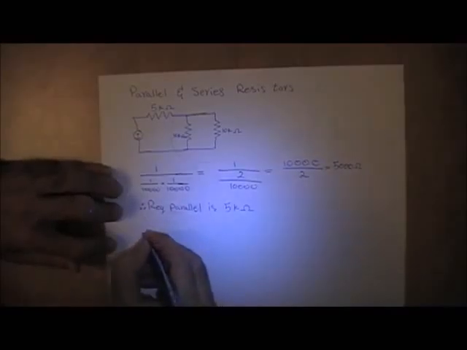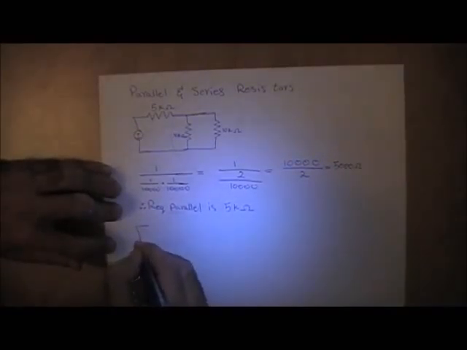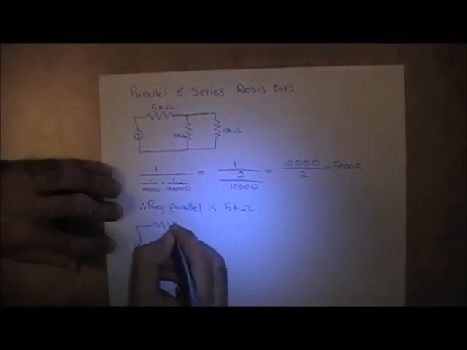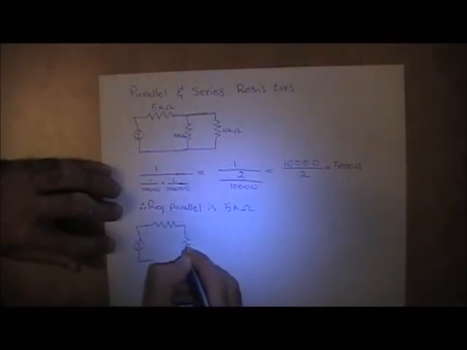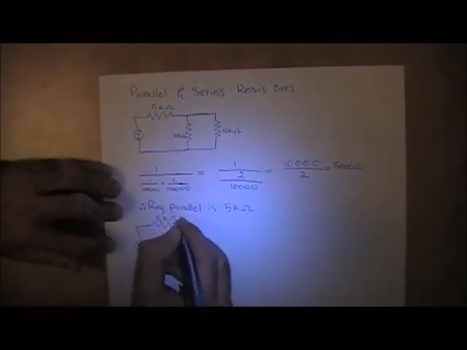Now my circuit becomes a lot simpler, since I only have a voltage source, a 5k resistor down here, and another 5k resistor down here. So all I have to do right now is add up these two numbers and get my equivalent resistance.